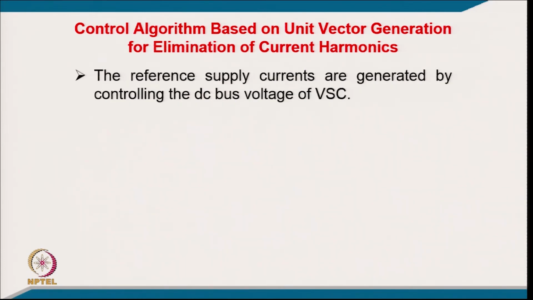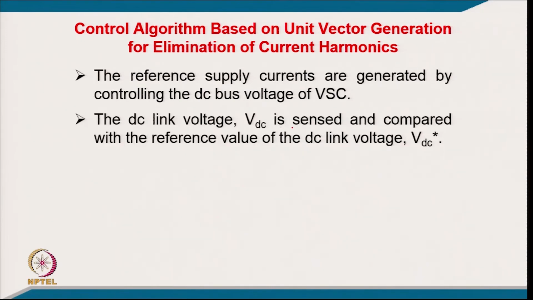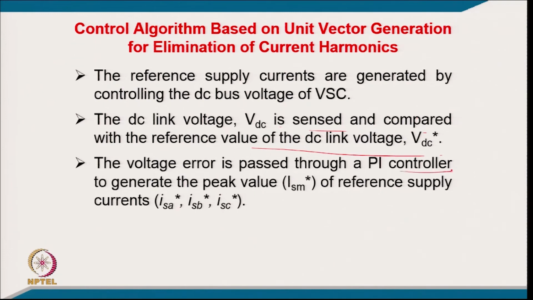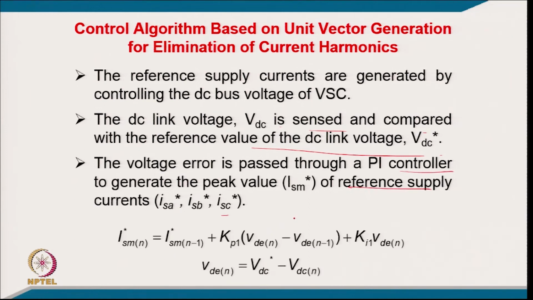The reference supply currents are generated by controlling the DC link voltage of the VSC. The DC link voltage is sensed and compared with the reference DC link voltage after filtering by a low pass filter, getting a DC component, and the voltage error is passed through a PI controller to generate the peak value of the reference supply current. This is the PI controller output to regulate the DC link voltage: VDC star minus the feedback from the DC link voltage after the low pass filter, only the DC part, and this is the PI control equation for the amplitude of the supply current.